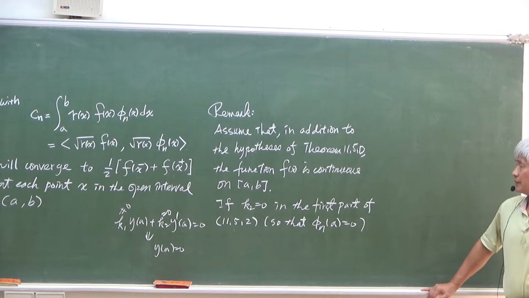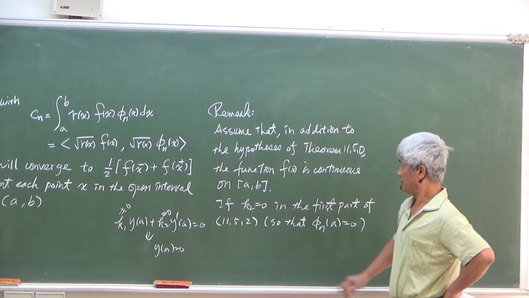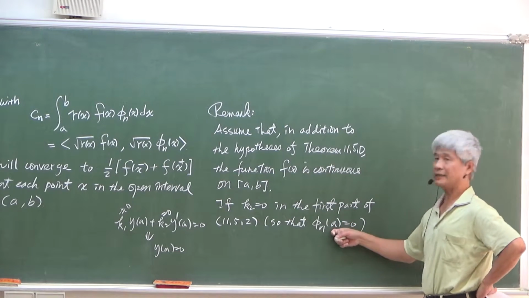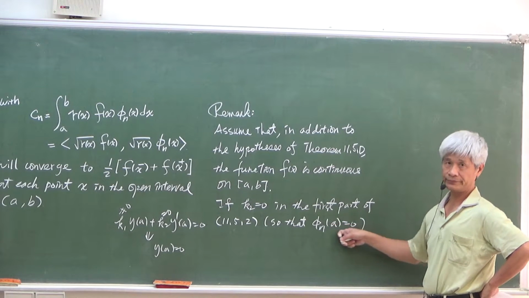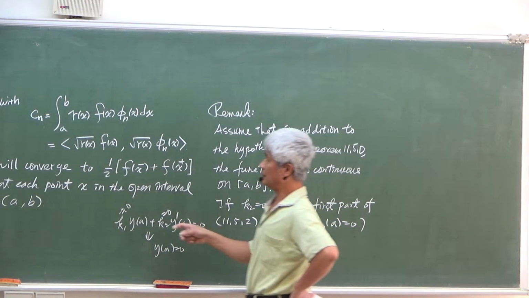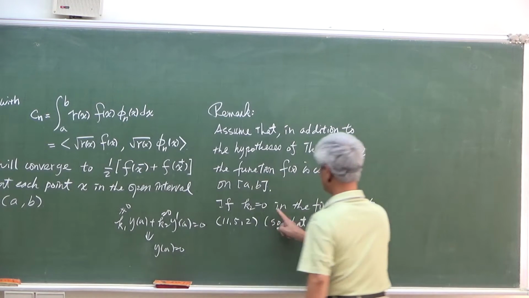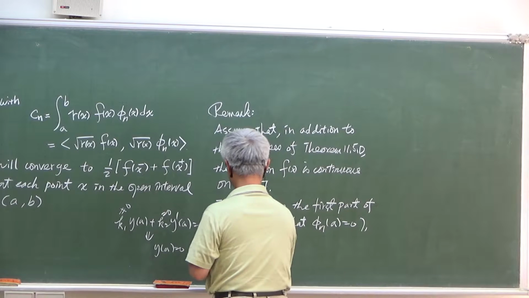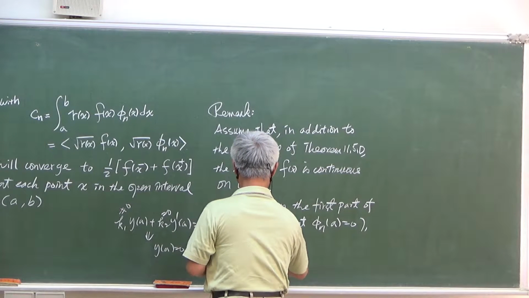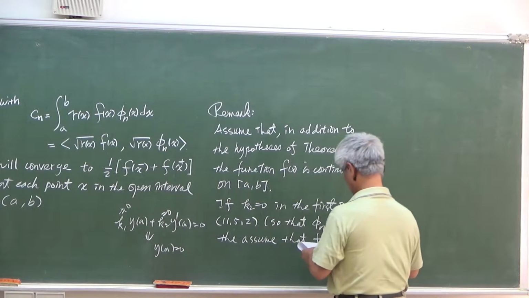Any solution of the regular Sturm-Liouville problem should have this property, so any eigenfunction should be 0 when x = a. So the series sum should be 0 at x = a. Then we should assume that f(a) equals 0.